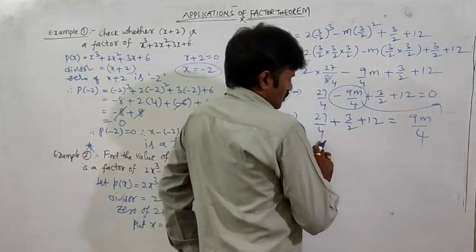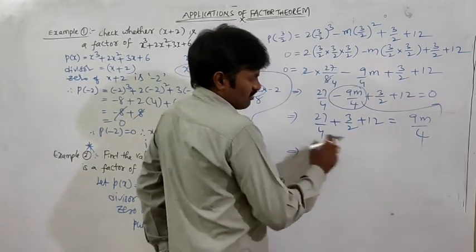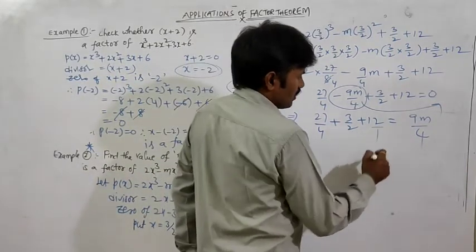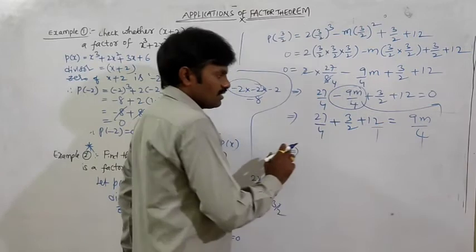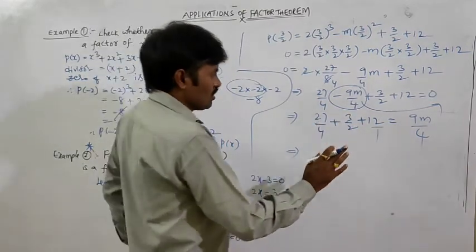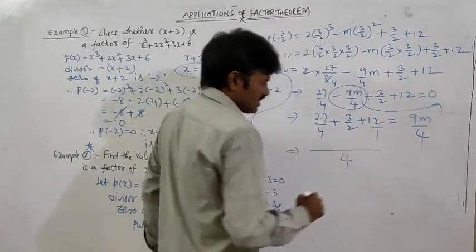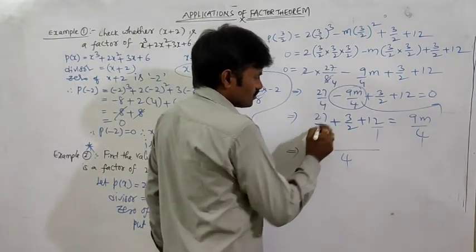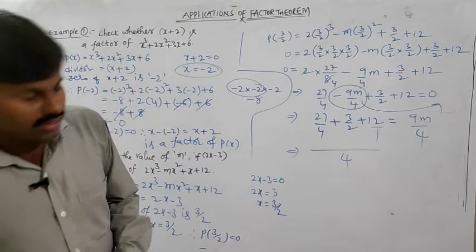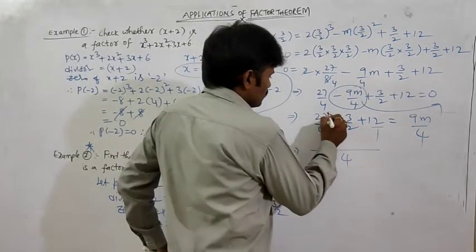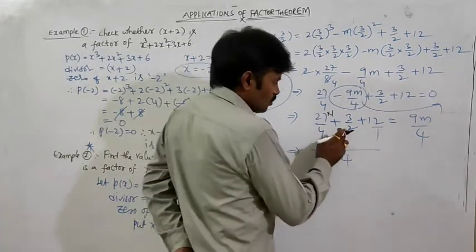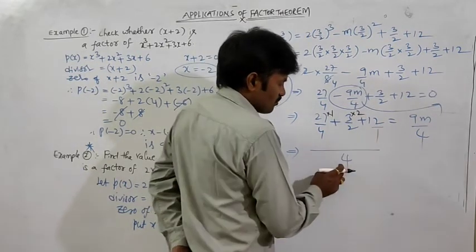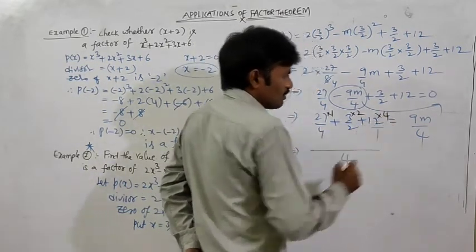Now see here, what are the denominators? Simplification of fractions: here 4 is the denominator, here 2, here 1, here also 4. So multiply both sides by 4 or take the LCM. On the left hand side take LCM 4. 4 divides 4 one time, so multiply by 1. 2 divides 4 two times, multiply by 2. 1 divides 4 four times, so multiply by 4.